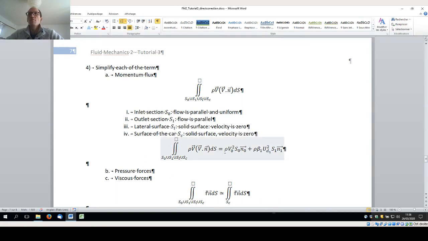So actually this term reduces to the two components of velocity in the inlet and in the outlet.